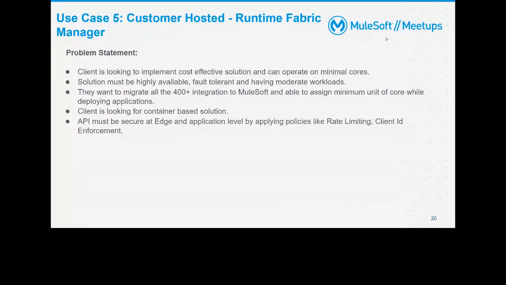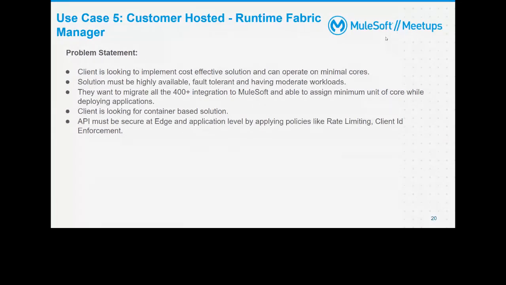The client can assign 0.02 cores to the application. They can assign a small unit of cores to an application because they have some applications with really high workload, some with very small workload, and some with moderate workload. So depending on the workload, they can operate on the minimum cores basically.